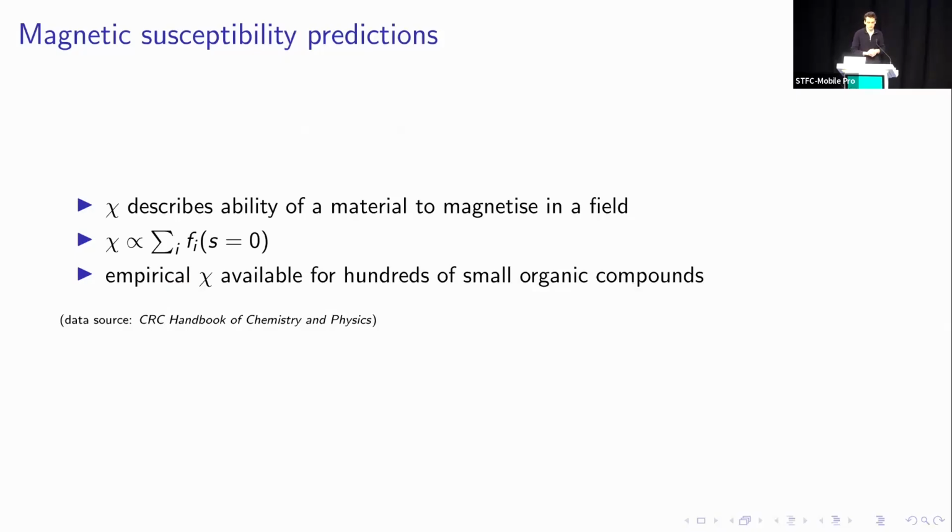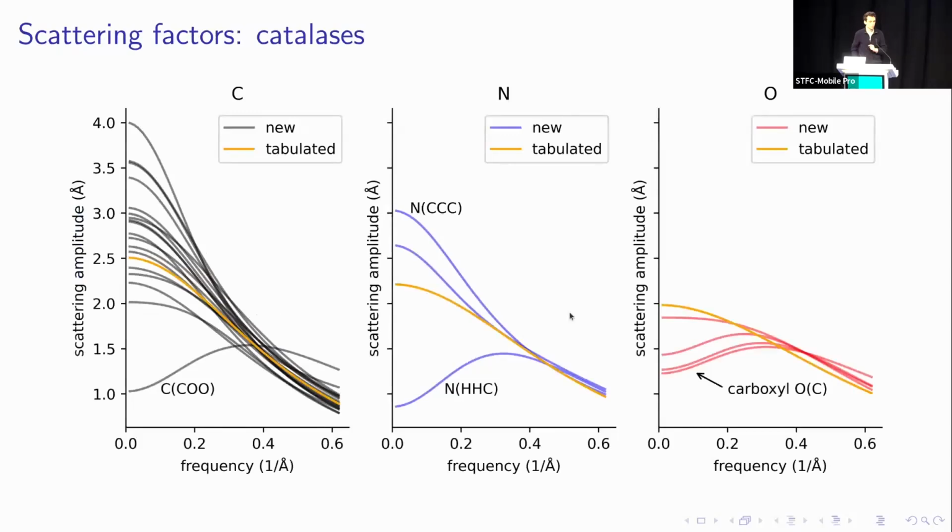And it turns out that the magnetic susceptibility is, to a good approximation, proportional to the sum of the scattering factors at 0 frequency. So the way you would calculate this is you would look at your molecule, you would look at every atom in the molecule, right? For that atom, you would look up the scattering amplitude at 0 frequency, so these kinds of values here, and then you would sum them together.